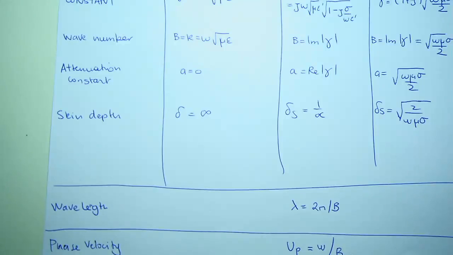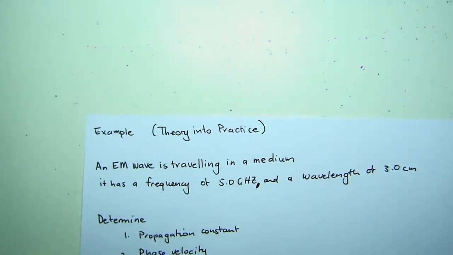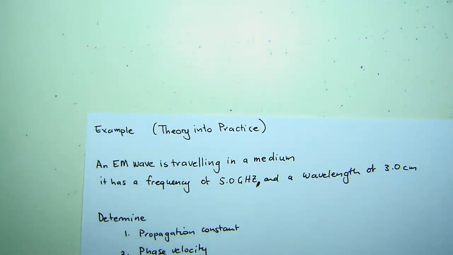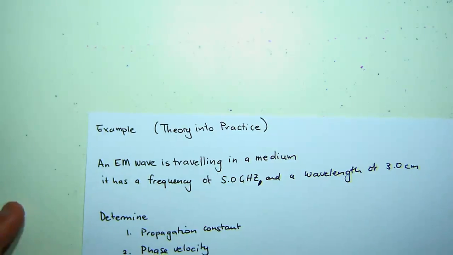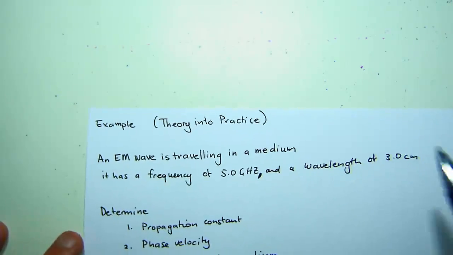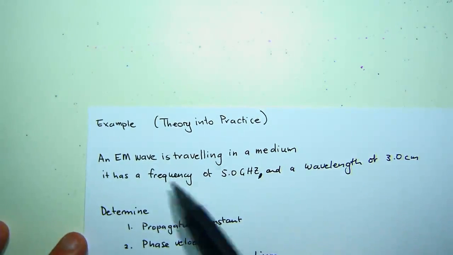So let's put a little bit of theory into practice, right? I've got a few more minutes, so let me just go through this. This is a set of questions, and let's work these out together. We've got an electromagnetic wave travelling in a medium at 5 gigahertz.